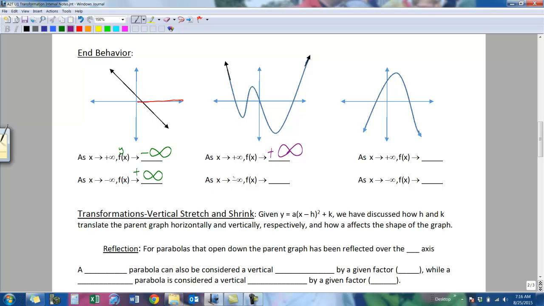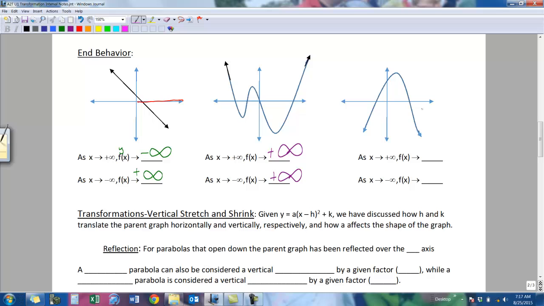As x approaches negative infinity, as we go across the negative x-axis, yeah, it wiggles for a bit, but the end behavior, we're only talking about the ends. The end is also approaching positive infinity. Just look at the graph, determine what the end is doing, which direction it's going. If it's going up, it's approaching positive infinity. If it's going down, it's approaching negative infinity.